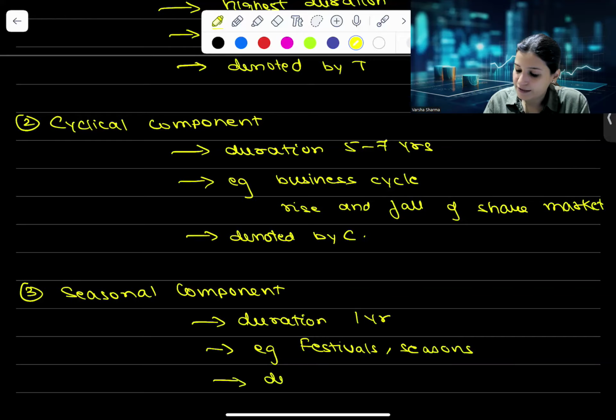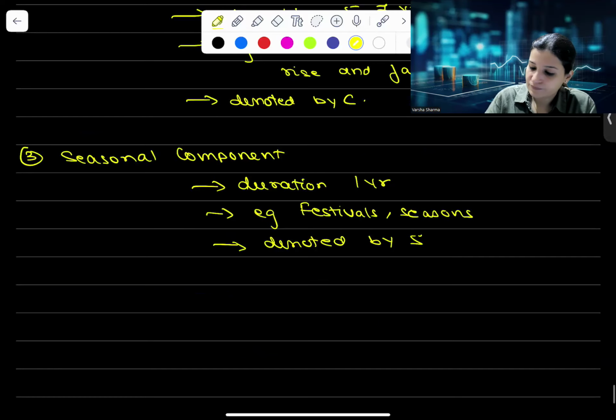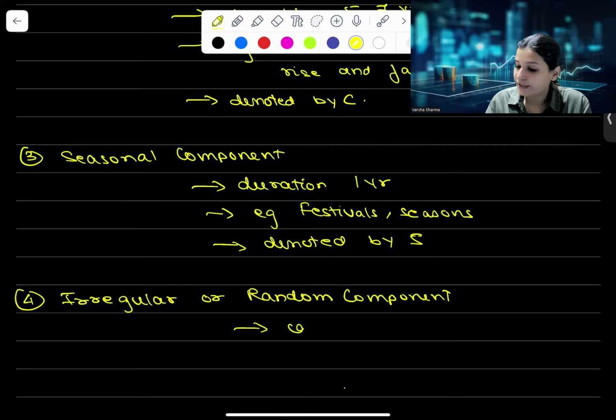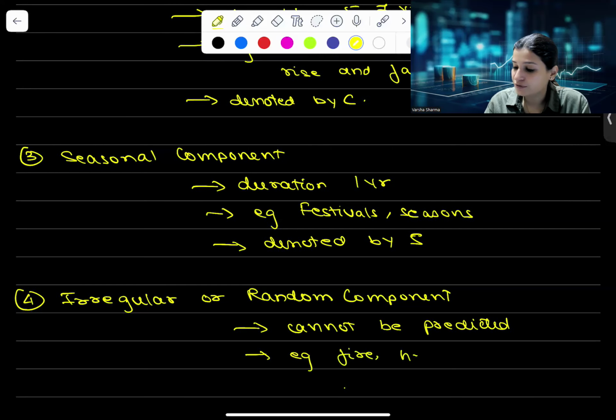This is denoted by S. Fourth, irregular or random component. Cannot be predicted. Example, fire, heat stroke, denoted by I.